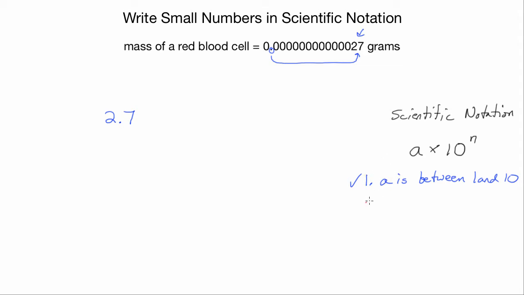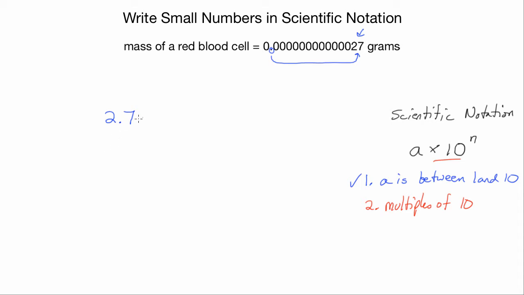The second part is we always have to have it multiplied by 10. Multiples of 10. That's where the times 10 comes into play, because every digit in our whole base 10 counting system is a multiple of 10. We have the tenths place, the hundredths place, the thousandths place. If I go bigger, I have the tens, hundreds, thousands the other way.